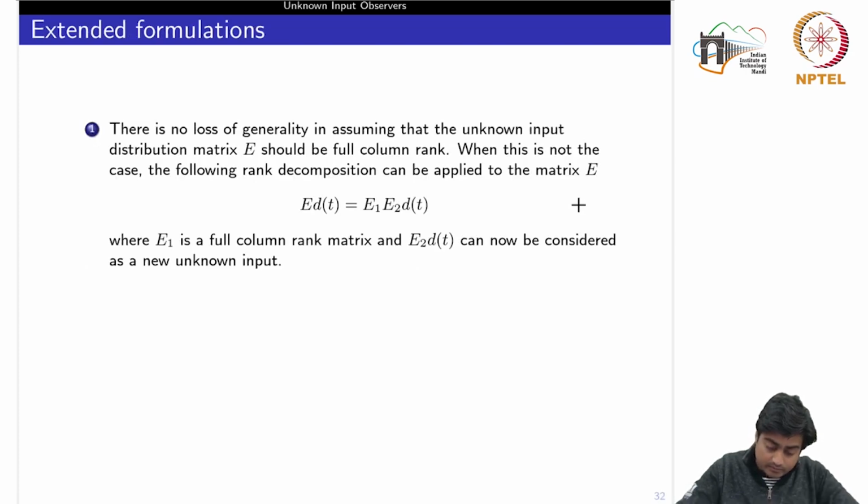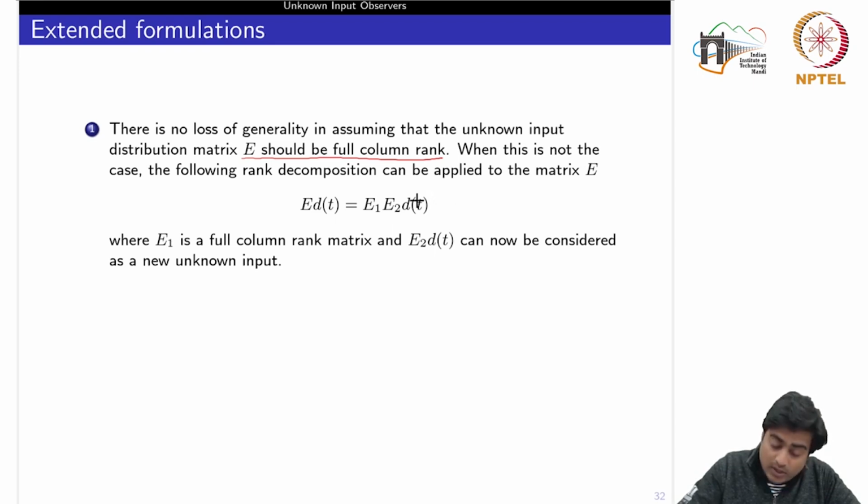Now one point to keep attention on: here the distribution matrix E, we have assumed that it is a full column rank matrix. If E is not full column rank, then using the rank decomposition we had discussed earlier, I can decompose the E matrix as the multiplication of two matrices E1 and E2, where E1 is now full column rank and E2 might not be.